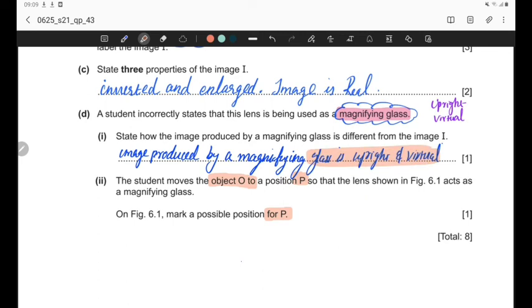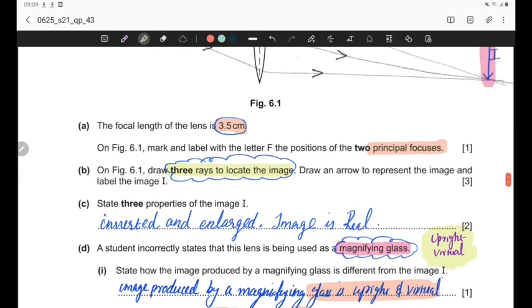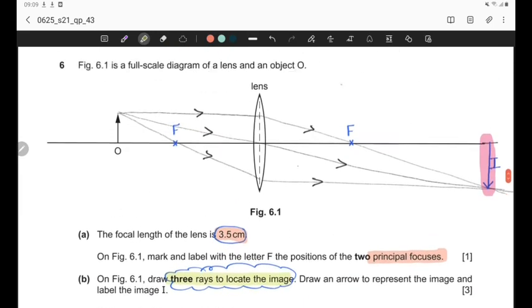That means the image formed should be upright and virtual, and enlarged also. So you must be familiar with all the different possible positions of the object and the image formed in all cases. Then only you can answer this question.